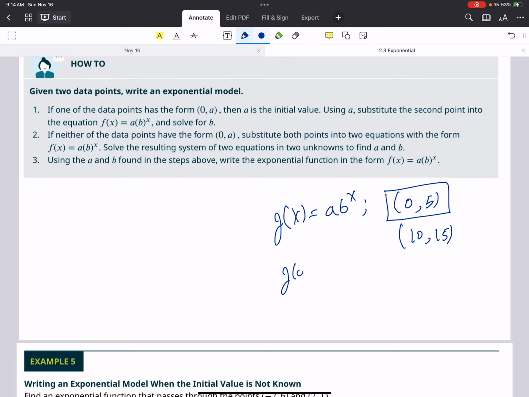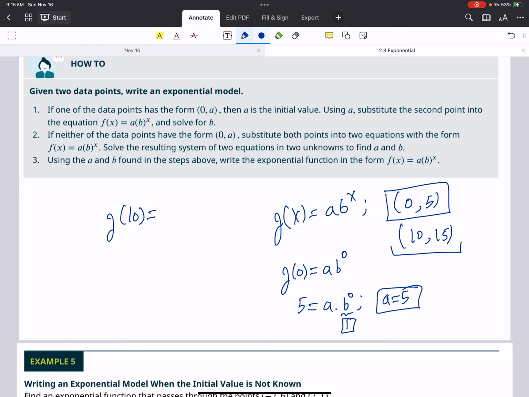You have g of 0, which equals a times b to the power of 0, where g of 0 equals 5. A simply equals 5, and that's it. Why? Because b to the power of 0 equals 1. Anything raised to the power of 0 gives you 1. Now, if a equals 5, we can use the second point, where g of 10 equals a times b to the power of 10.